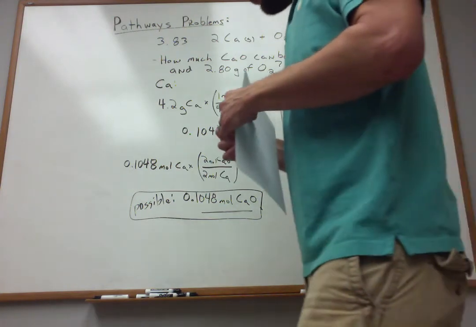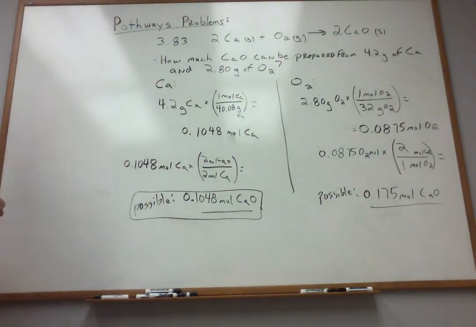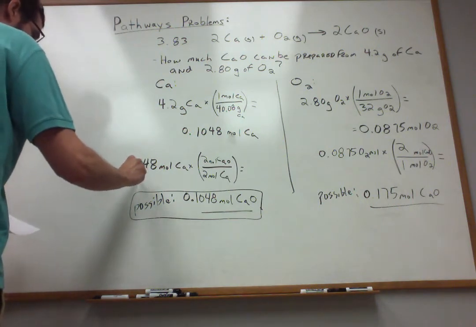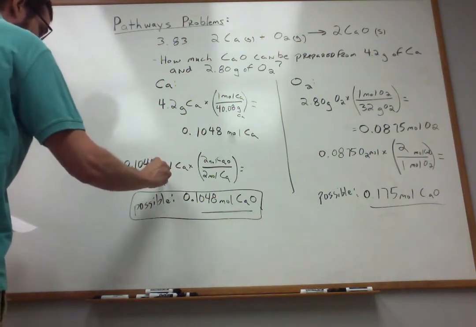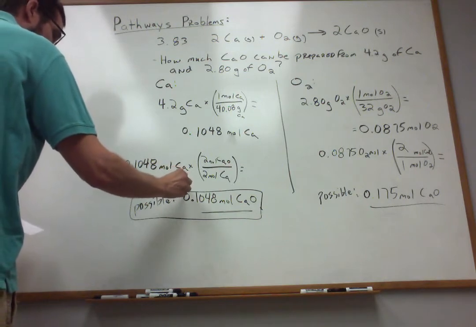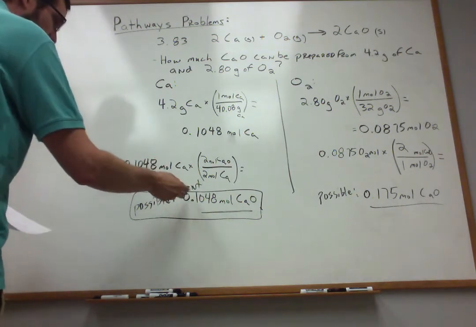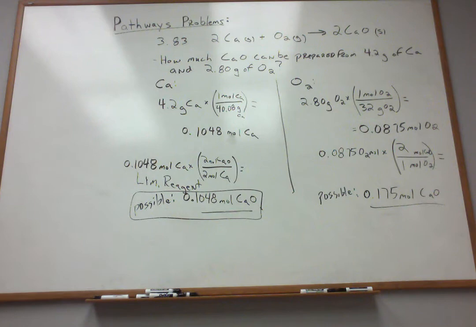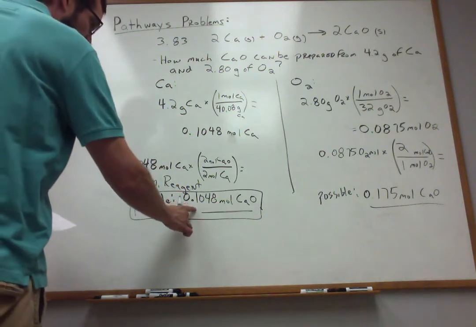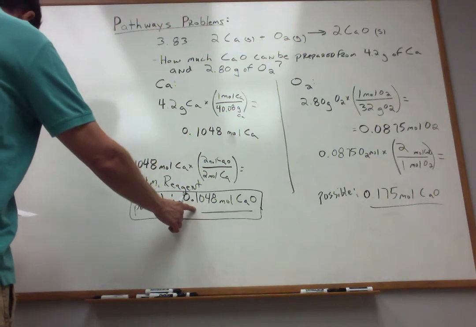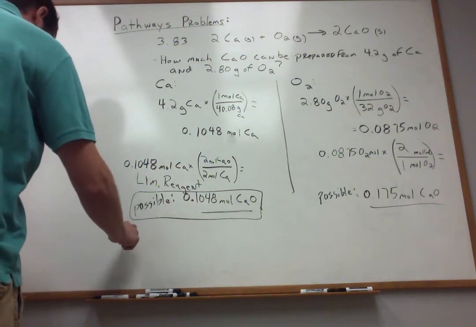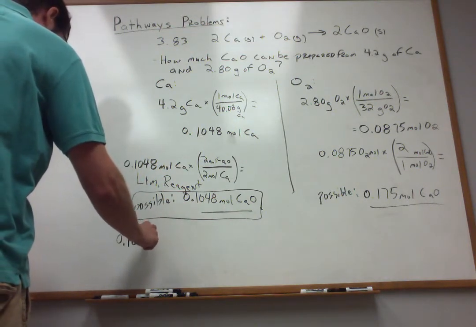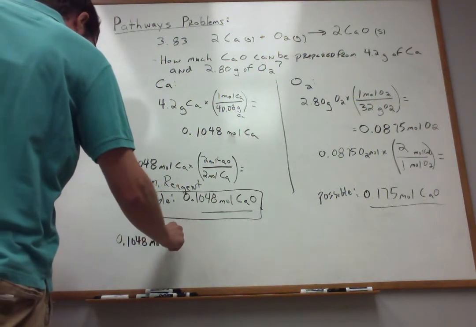All right. So the cool thing about this then is now that I've identified this one as my limiting reagent, it's a key vocabulary word, the limiting chemical, the one that you're going to run out of first, okay? I can now figure out exactly how much calcium oxide will be produced. And I've, in fact, already done that. This is how much will be produced. And if I want to convert that to grams, it's no problem because I know I have this many moles.